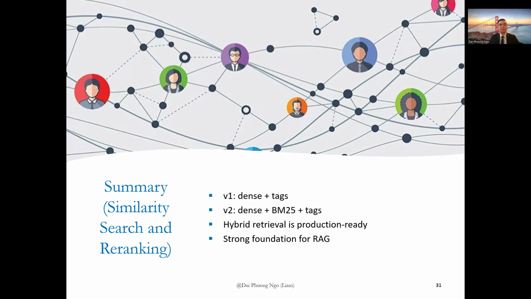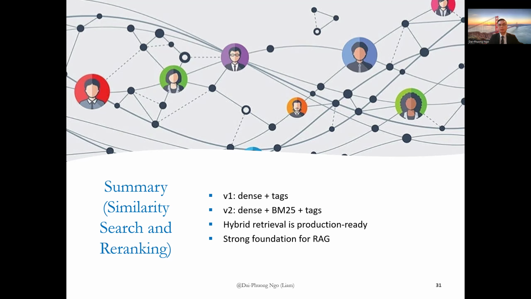On the retrieval side, the project demonstrates a clear progression from a dense-only semantic search to a hybrid retrieval and reranking system. Version 1 establishes a clean semantic baseline using BERT embeddings and tag overlap. Version 2 adds BM25, making retrieval more robust to exact phrasing and lexical variation.